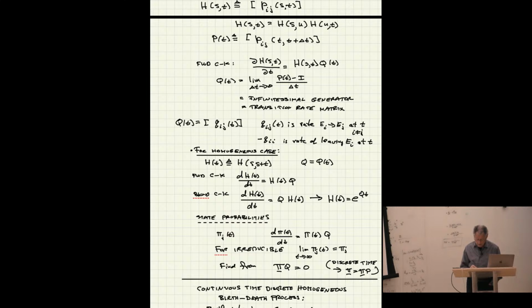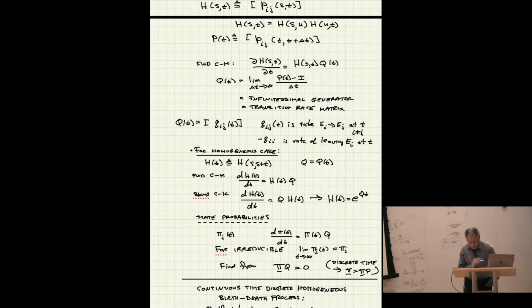Q of t, in fact, consists of a matrix of those qij's at time t. And basically, qij is the rate of moving from state i to state j at time t, namely over the next delta t seconds, divided by delta t. That's what this gives, the rate, when you divide.